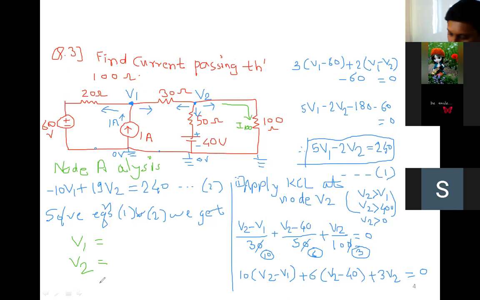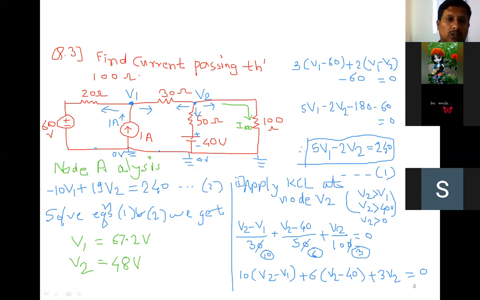Take the calculator and tell me the answer. 67.2, that is V1. Yes, very good. 67.2 volt. Don't forget to write it. V2 is exactly 48.